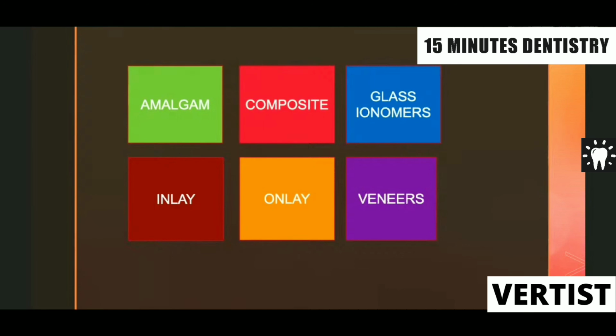A composite can have chemomechanical retention. A glass ionomer can have chemical retention because they say glass ionomer is chemically bonded to the tooth structure, right? The inlay, you're going to have basically cement, which is going to be the retentive factor. Onlay, also same. Now we've got advanced retentive adhesion techniques where we have ways and means of trying to get some amount of chemical retention also. So these points you all need to be aware of.